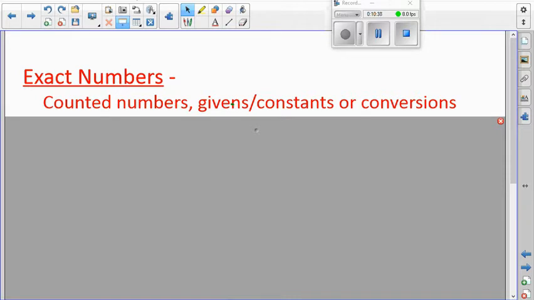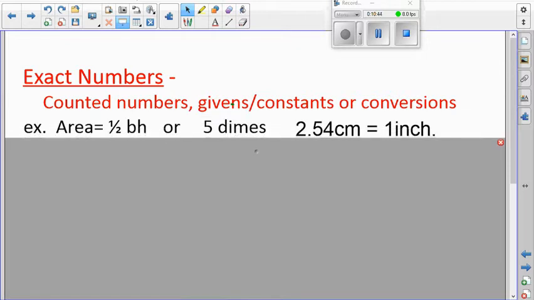And I'll show you examples of each, just to clarify what I mean. So for example, when I tell Trinity, hey, the area for a triangle is 1/2 base times height, that is exact. That is a formula. There is no error involved in that formula. That is exact.